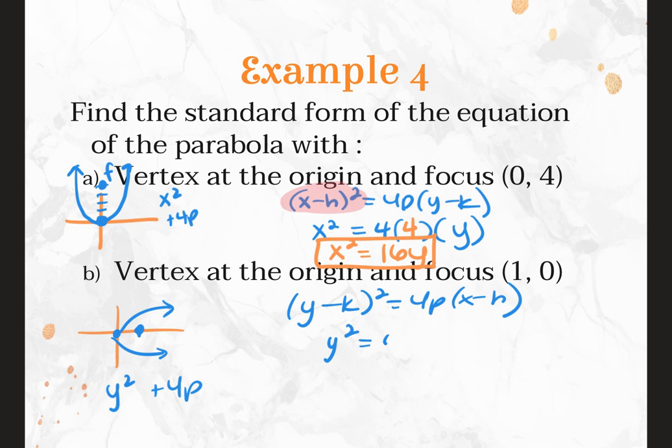Y squared equals 4, I'm going to come back and plug in the p, times x. How far is the focus from your vertex? 1 unit. So this is a positive 1, and I get y squared equals 4x. Questions so far?